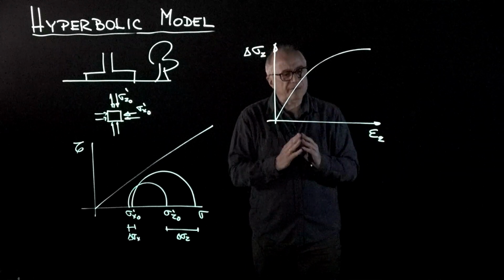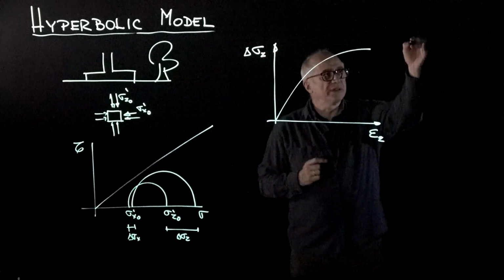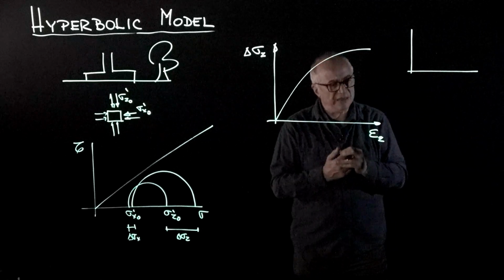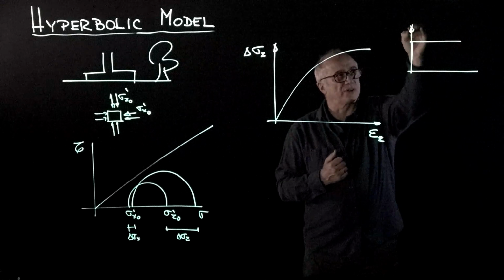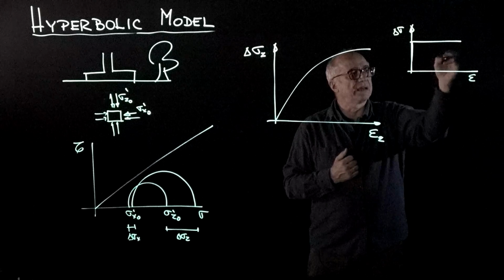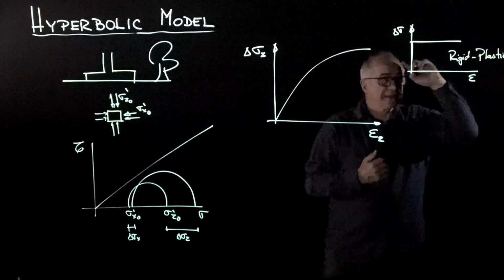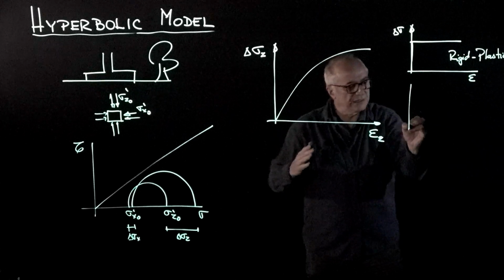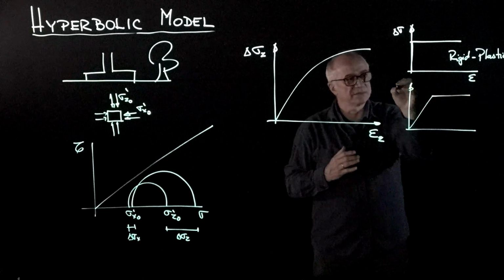How can we represent this curve? There are different options. For example, if we are concerned only on failure conditions, we could actually take a rigid plastic model. This is delta sigma with respect to strain, and this would be rigid plastic. If we would like to capture the initial part as well, then we could take an elasto-plastic model.